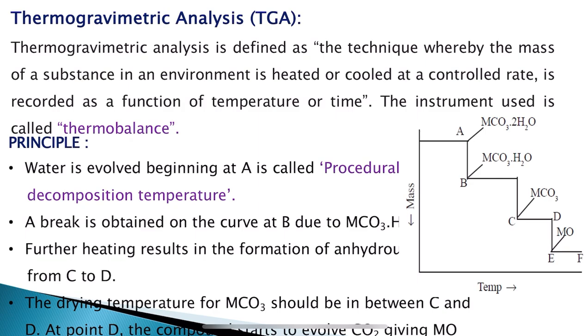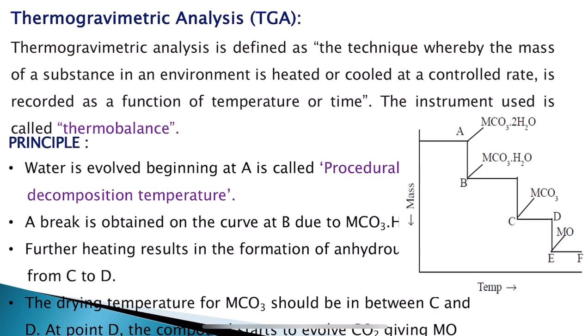You have already studied this in your first semester classes, in the chapter called methods of analysis. There, we analyze a given compound by two methods: quantitative and qualitative analysis. Quantitative analysis means measurement of the quantities of a particular constituent, how much mass of a particular constituent is present in the given compound.